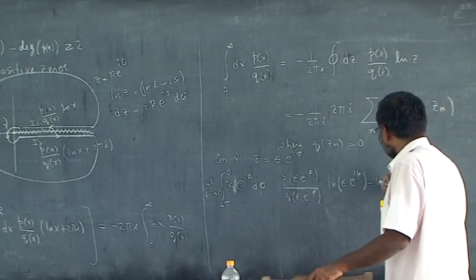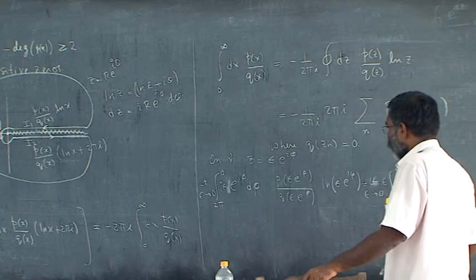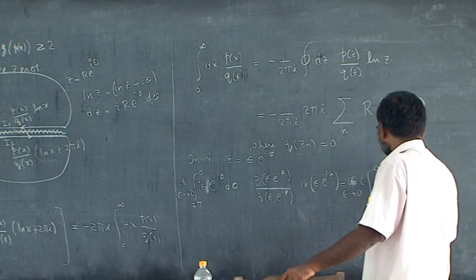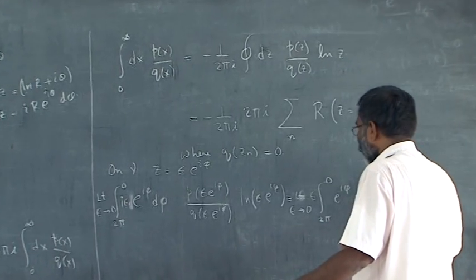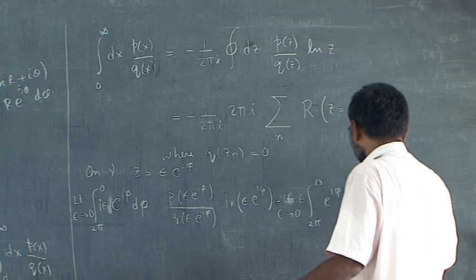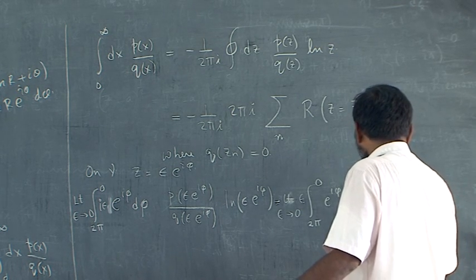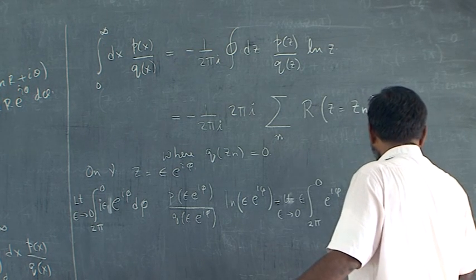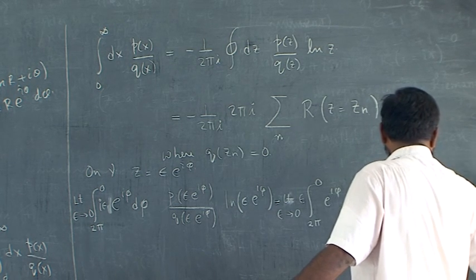So that is like limit epsilon tending to 0, and e to the i phi d phi into this quantity will be P of epsilon e to the i phi by Q of epsilon e to the i phi into logarithm of epsilon plus i.